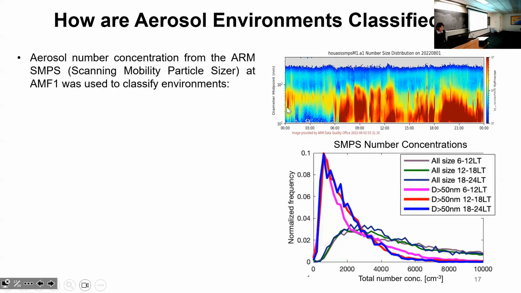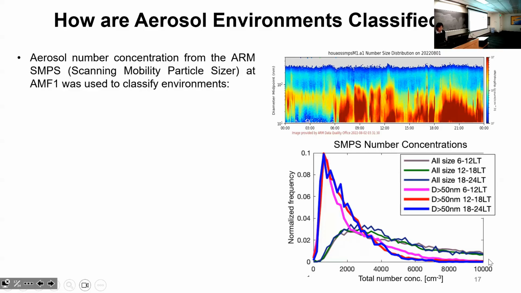The y-axis is diameter. As you can see, the number concentration represented by color shows very large variability with time, and also variability in size as well. So I tried to investigate the number concentration with different time periods and different sizes.